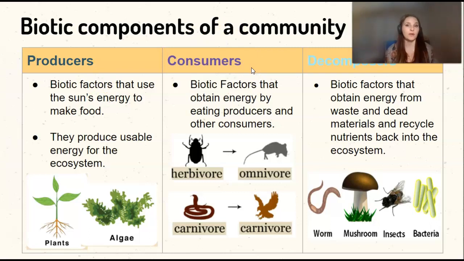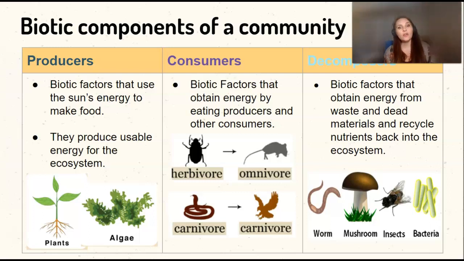Next we have consumers. That's you and me. Consumers are biotic factors, living things, that obtain energy by eating producers, so by eating your vegetables and your fruits and the plants, and other consumers, so by eating other animals, other consumers.